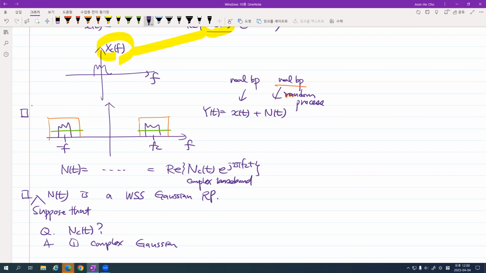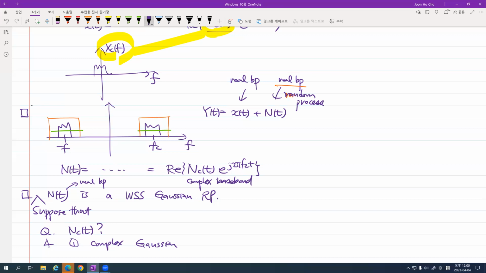Suppose this n(t) is a real valued bandpass, wide-sense stationary Gaussian process. You know that it's strict sense stationary, right? Because of what we have learned. Given that, my question is, what can we say about this equivalent complex baseband signal?